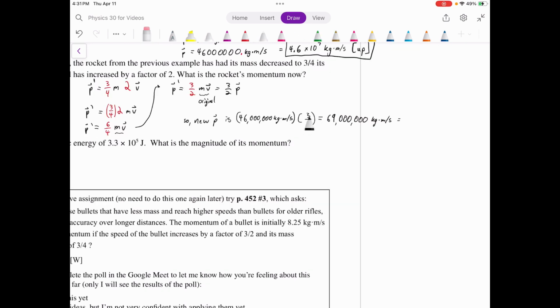And so multiplying that by 3 over 2, you get 69 million kilogram meters per second, which to two significant digits using our scientific notation would be 6.9 times 10 to the power of 7 kilogram meters per second, and still upwards.